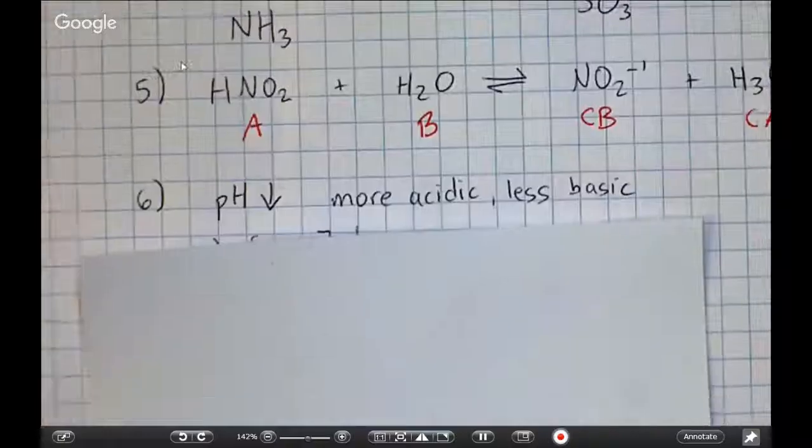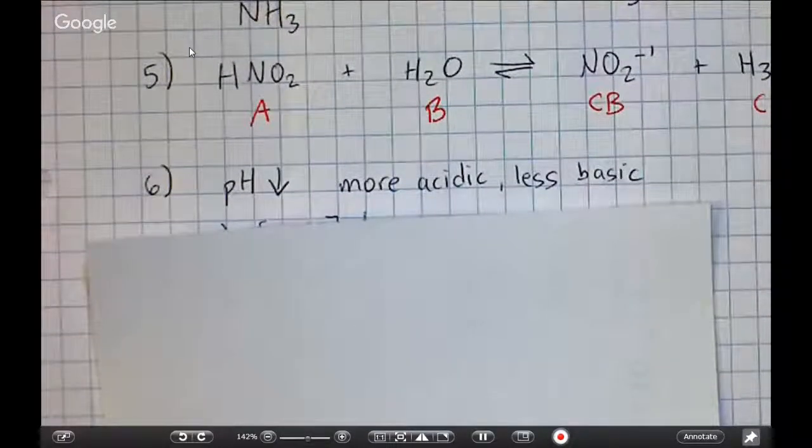For number 6, explain what happens to each of the following as the pH of a solution goes down. Remember, if pH goes down, we're becoming more acidic and less basic.